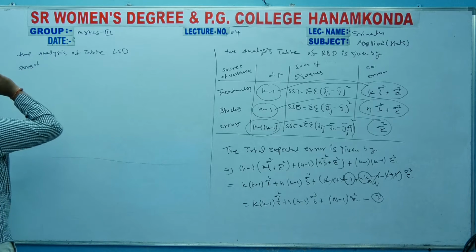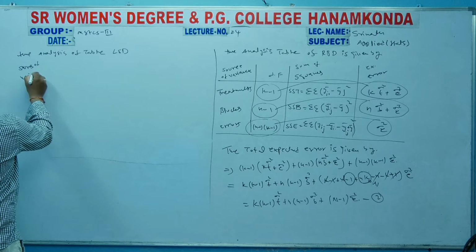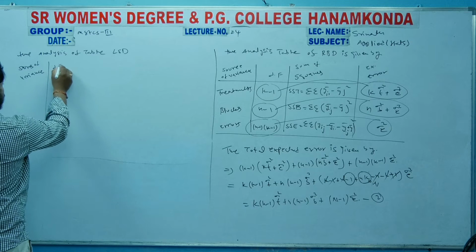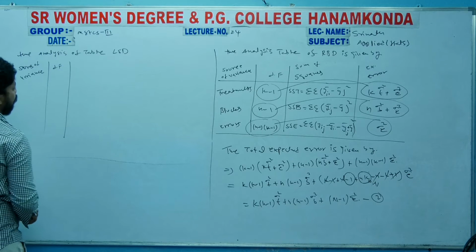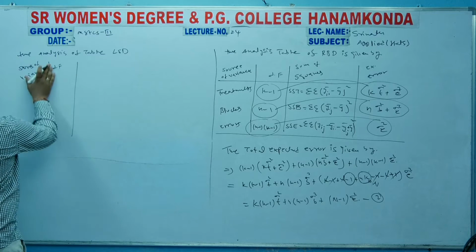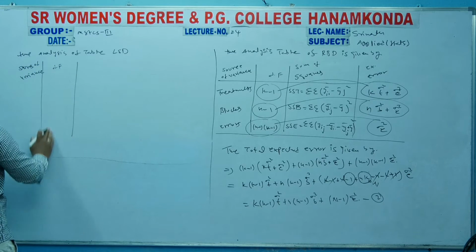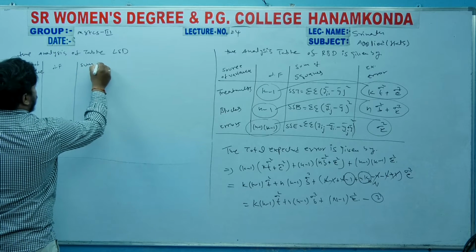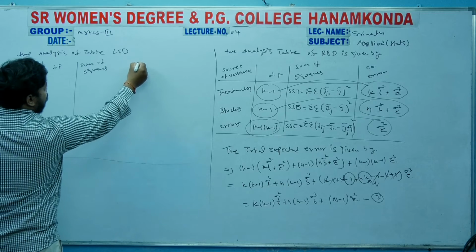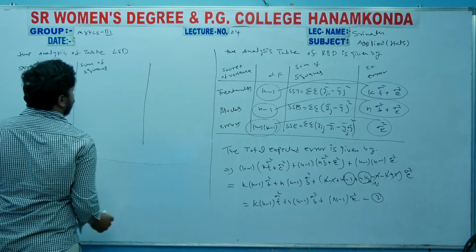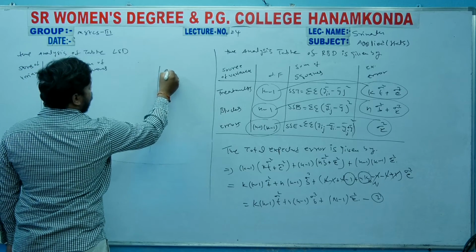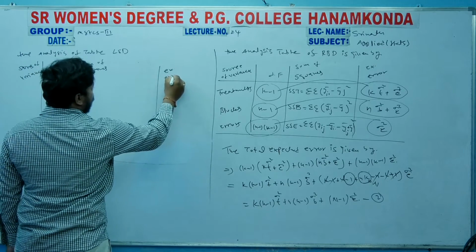Source of variance, degrees of freedom, sum of squares, and expected error.